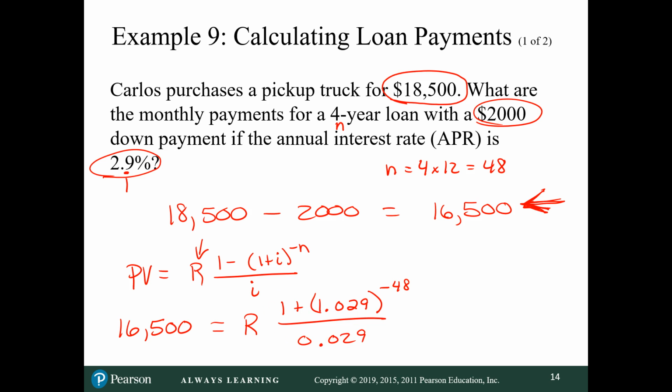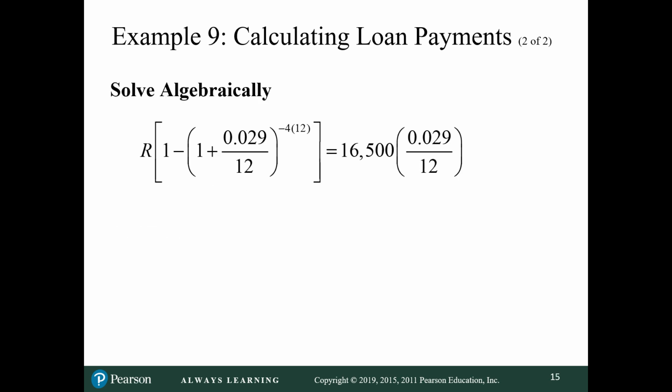So you figure out this number. So if we figure out this number, okay, and then, because this will be a crazy decimal, we take 16,500 divided by that. I'm just going to change slides here. Okay.